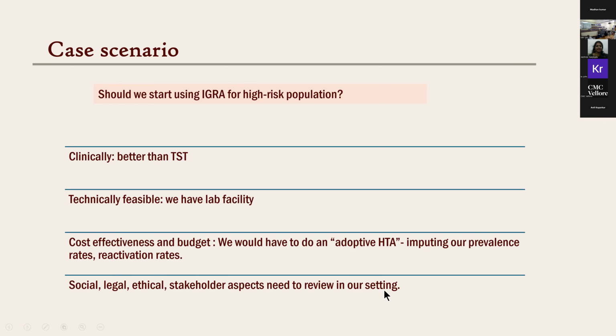We would have to do an adaptive HTA. That means using our scenario, we would have to do that. And social, legal, ethical, and stakeholder aspect, they didn't do, and we would have to do it in our context. So you cannot take that HTA and start doing it here. Also, the WHO actually says IGRA is not for high prevalence states. IGRA is not the ideal tool.